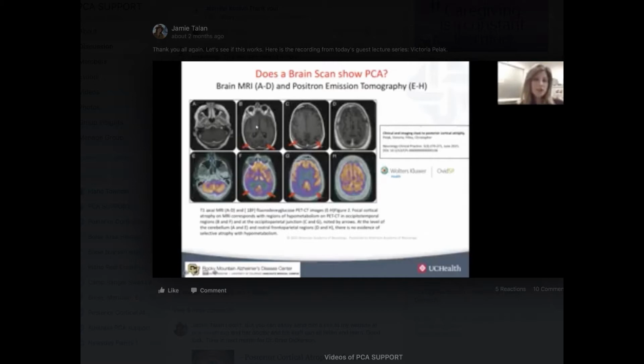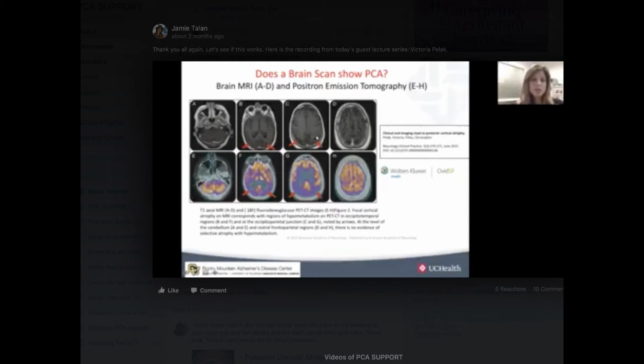So brain tissue on this scan in B is represented as gray, and then the space between brain tissue is represented as black. And so we start to see that as the gray tissue starts to shrink, there's more blackness or more fluid taking the space over where the brain has started to shrink.